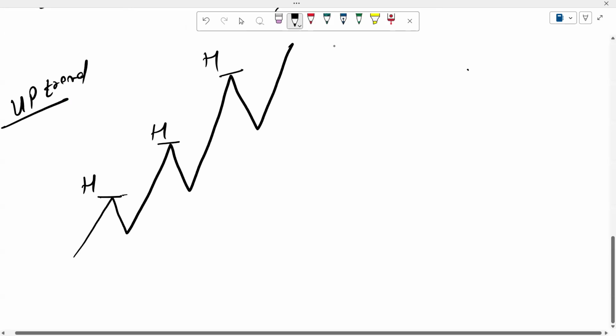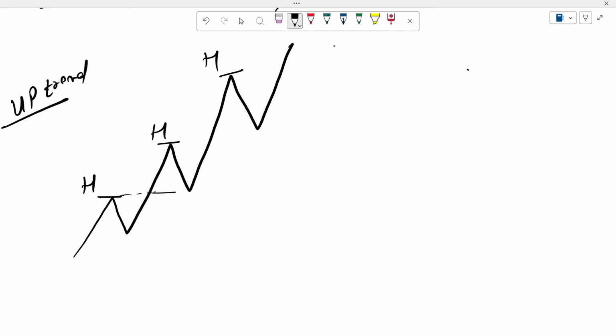The market is breaking the previous high and making a new high. See this high. The market has broken this high and made again a new high. I can call it H1, H2, and H3. And see the lows also: L1, L2, L3. These are the support. These are the lows and these are the highs. Highs are getting higher and higher. The market is making a new high every day, and lows are also shifting towards the upside direction. Lows are also getting updated.